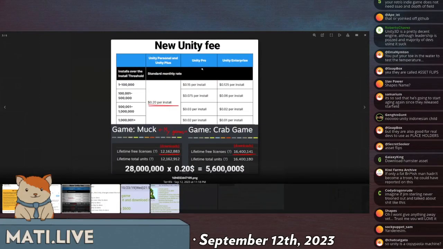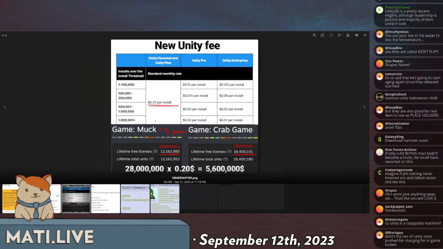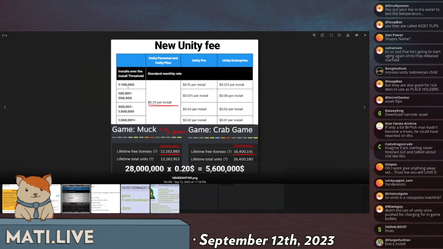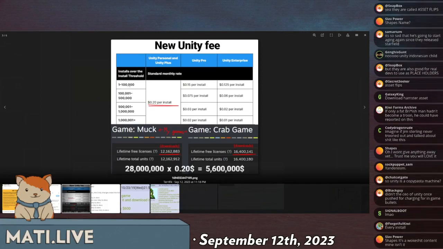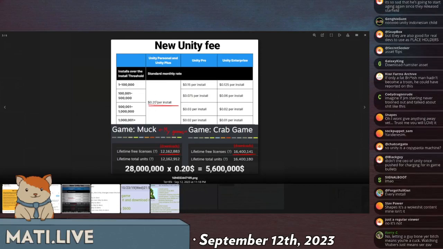Okay, so this is the actual fee structure. If you have fewer than 100,000 download installs over their threshold, which I don't know how much that is, you owe them 20 cents per install.